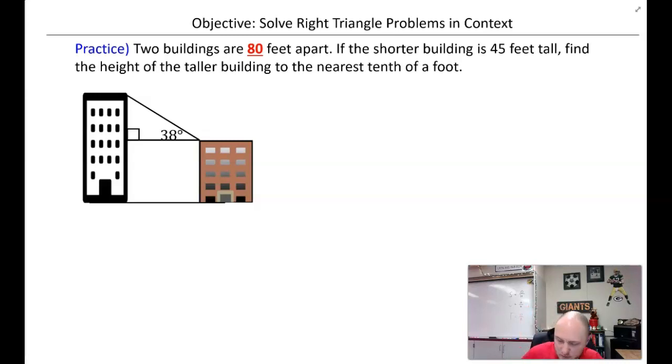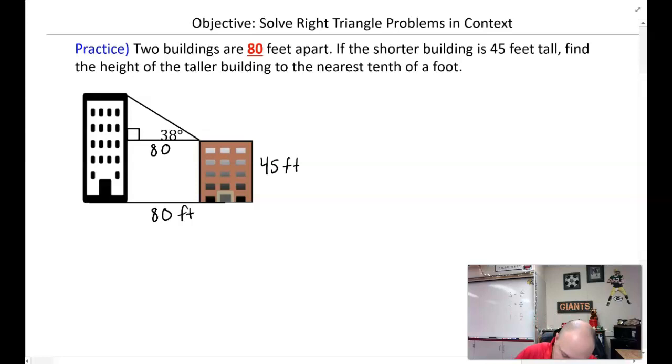They tell us the two buildings are 80 feet apart, so this distance is 80, which means that this distance, the adjacent side on my hypotenuse, is also 80. They also say the shorter building is 45 feet tall. Okay, so this building is 45 feet tall. They say find the height of the taller building.